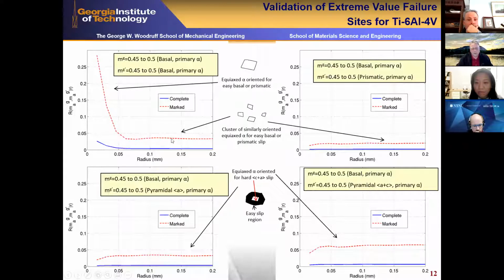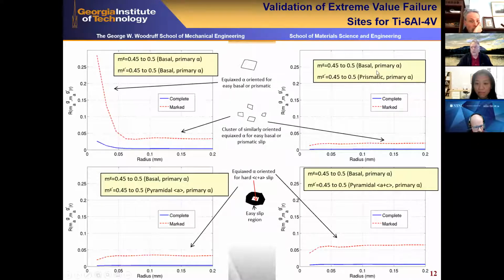If you look at these charts, there's a lot here, but basically on the y-axis in each is the probability, the two-point probability of having, for example, a primary alpha basal slip oriented phase next to another one of the same that has a high Schmidt factor. So in other words, two primary alpha grains that are situated next to each other that are favorably oriented for slip.